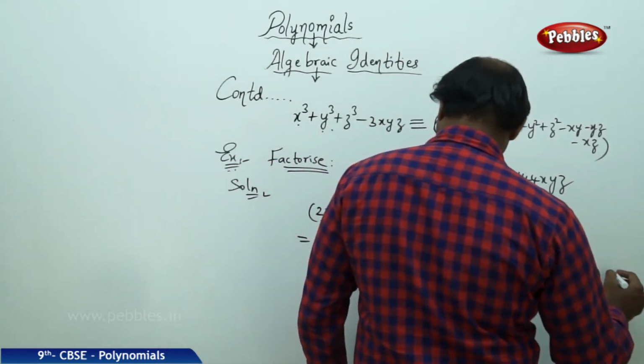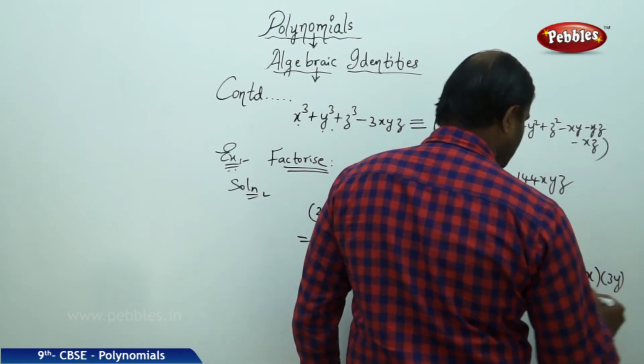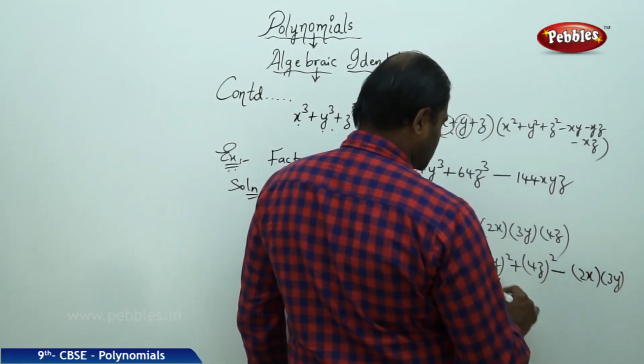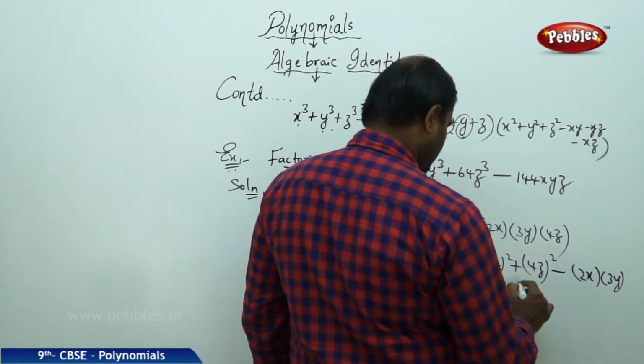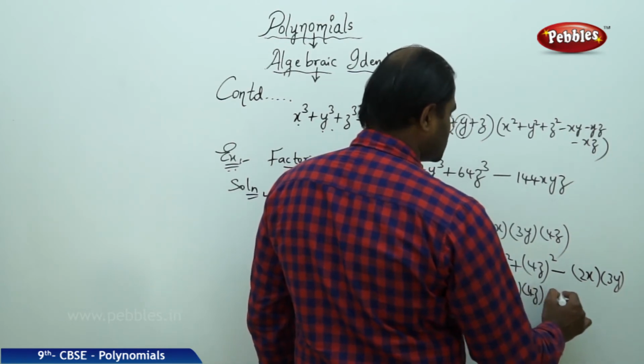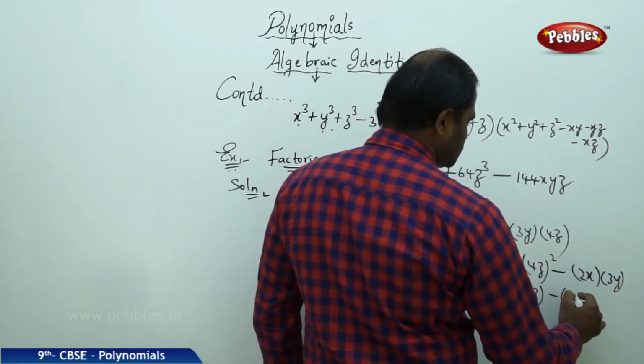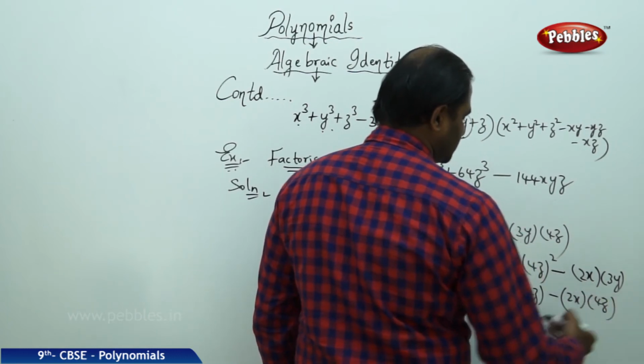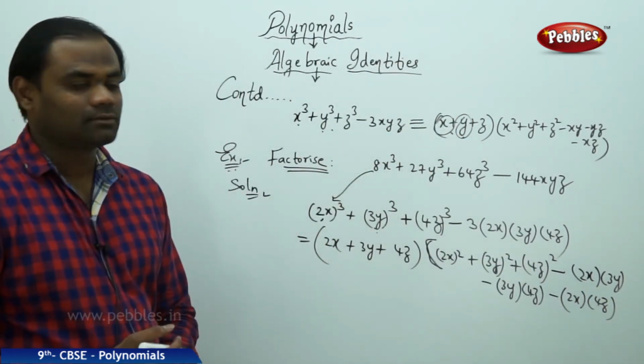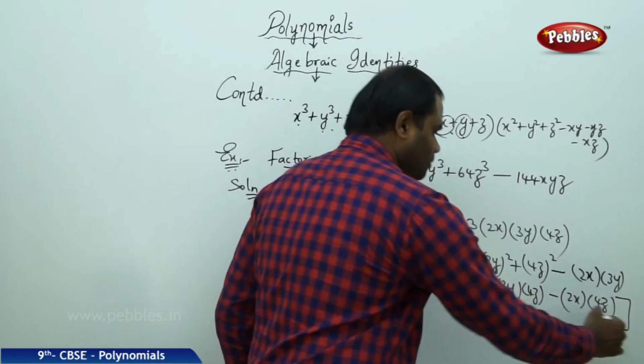So 2x, 3y, minus 3y, 4z, minus 2x 4z is what we get when we expand through the formula.